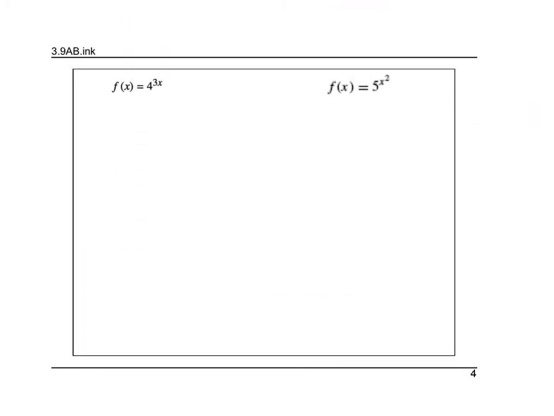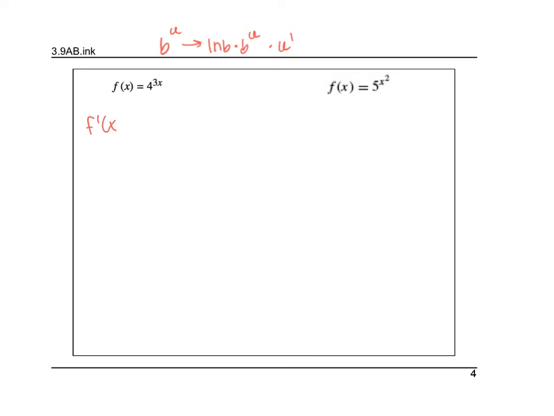So now for these next examples, if we wanted to derive 4 to the 3x, here's our b to the u rule. So b to the u becomes ln b times b to the u times u prime.